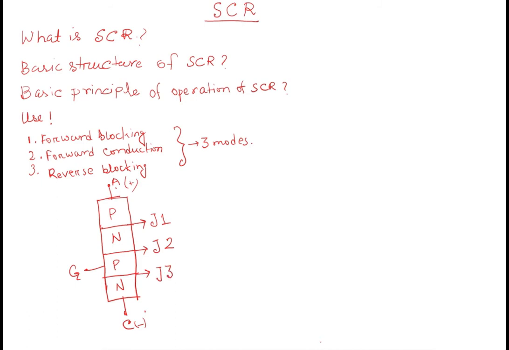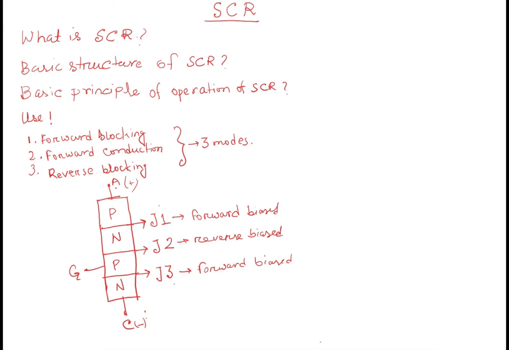So when we apply positive at the anode and negative at the cathode, J1 is forward biased, J3 is also forward biased, whereas J2 is reverse biased. Correct?